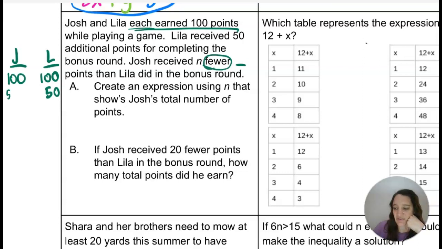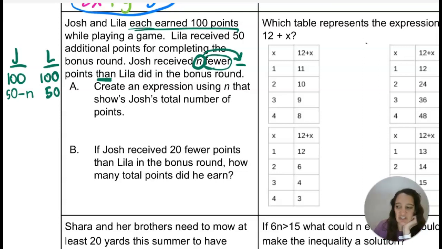So Josh didn't receive 50. He received n fewer than. And I put n kind of in the back because fewer than, if you remember, is that turnaround word. And it just makes sense in this example, if Josh received less than Lila, to take Lila's points and then get a few less and then get the ones less out of the way. So that's why I have 50 minus n for Josh.